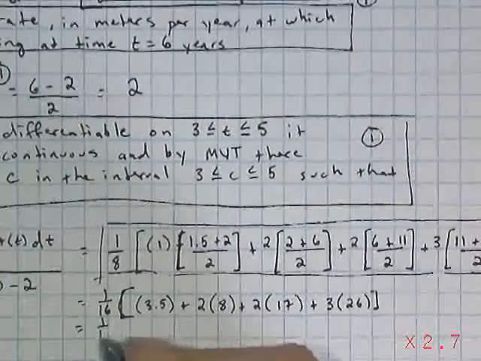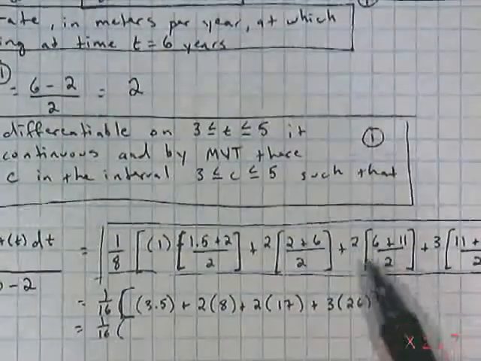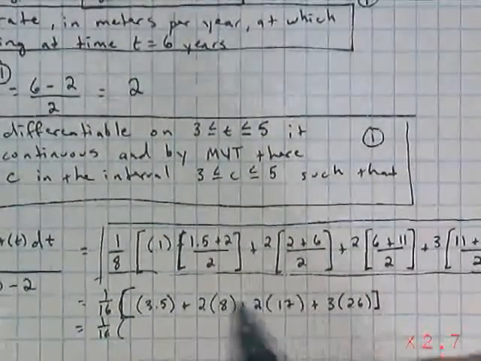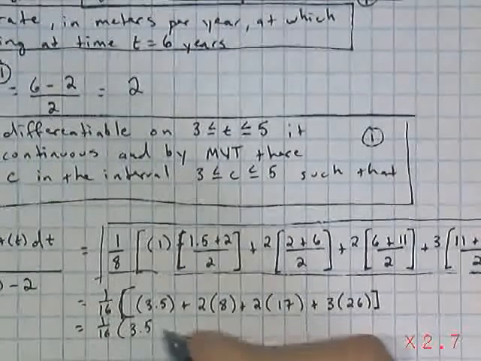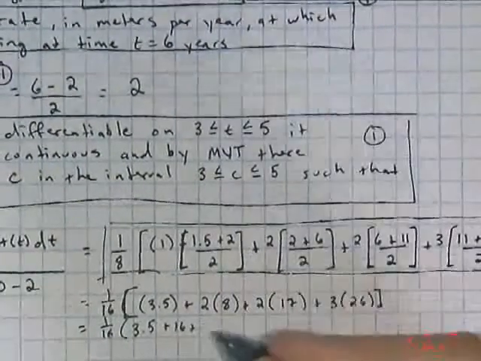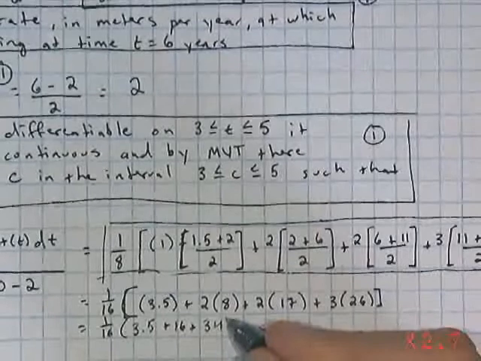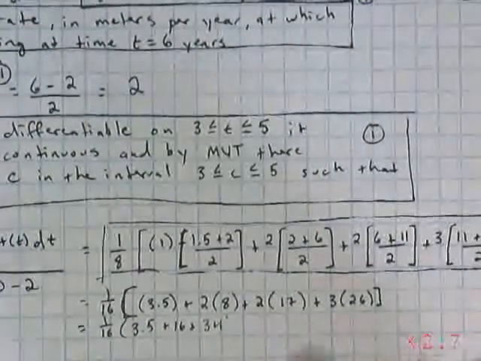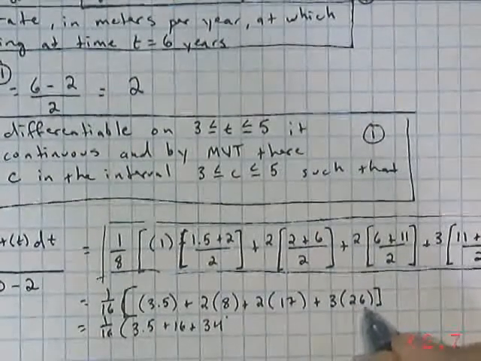So 1/16 times 3.5 plus 16 plus 34 plus 60, 78.